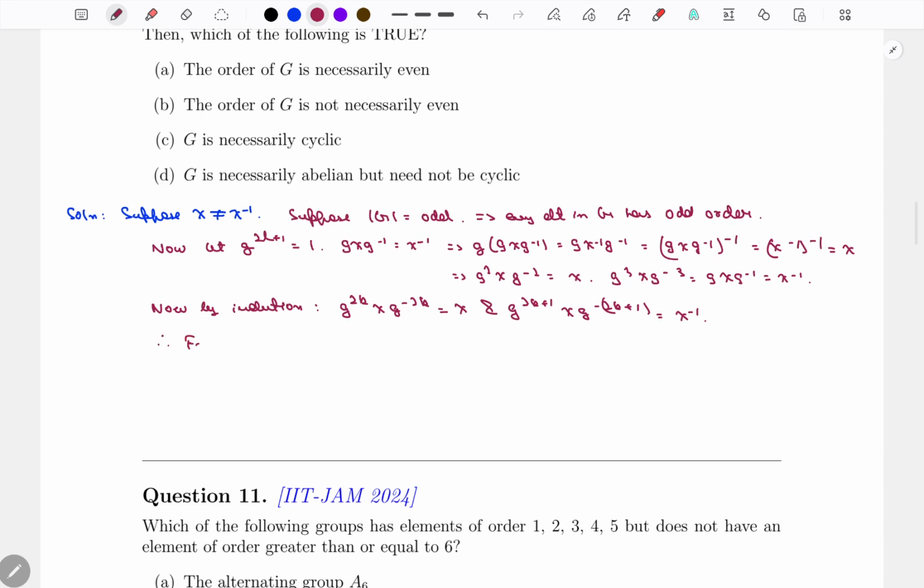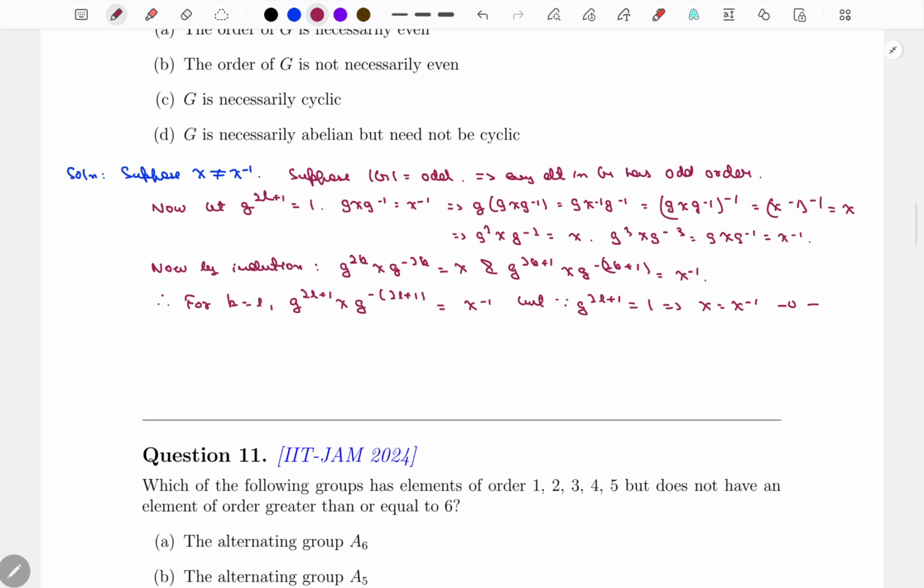Therefore for k equal to l, g to the power 2l plus 1 x g to the power minus (2l plus 1) should be equal to x inverse. But since g to the power 2l plus 1 is equal to the identity, that means x is equal to x inverse. So that's a contradiction.